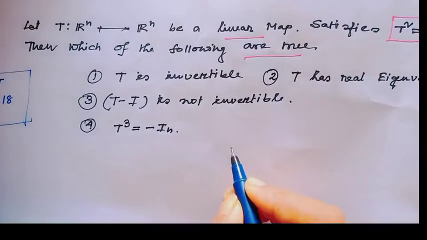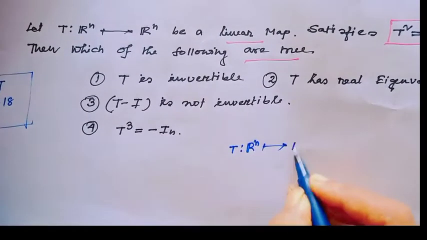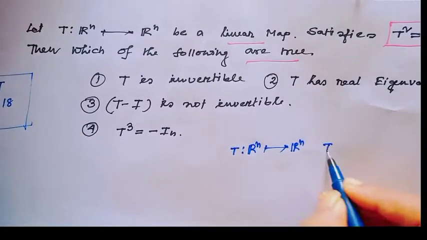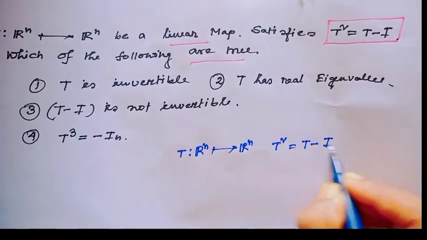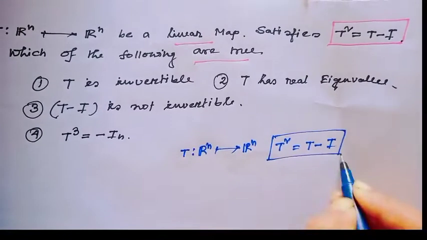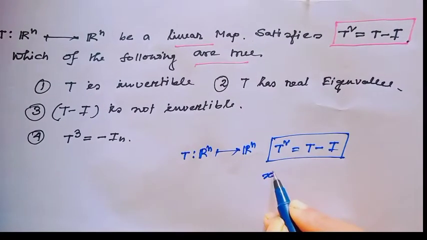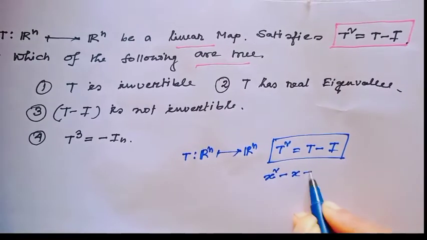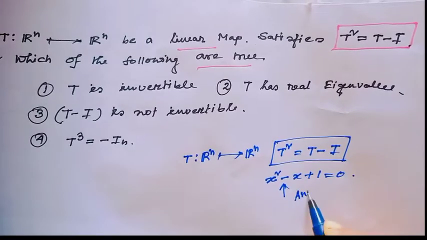Here the mapping T from Rn to Rn satisfies the condition T square equal to T minus identity. That means the annihilating polynomial would be x square minus x plus 1 equal to 0. This is the annihilating polynomial.